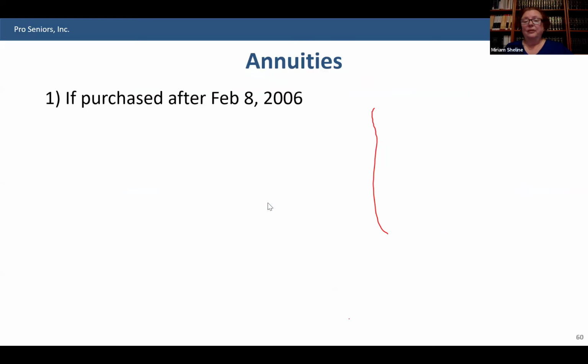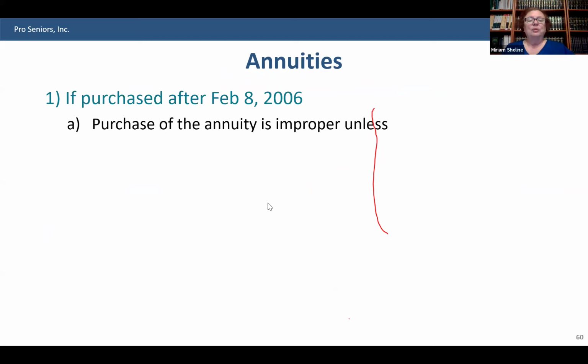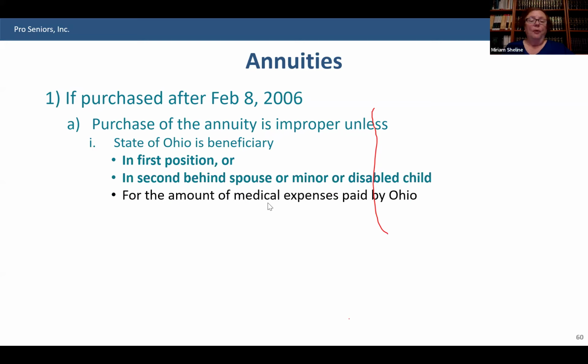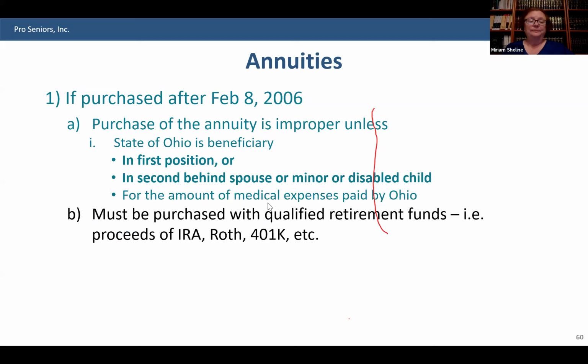What about annuities? An annuity is something where you take a resource and you pay an insurance company who gives you an amount of income for the rest of your life generally. If this was purchased after February 8th of 2006, the rules are that that is going to be called an improper transfer unless the state of Ohio is beneficiary in the first position, or in the second behind the spouse or minor or disabled child, for the amount of medical expenses paid by Ohio.